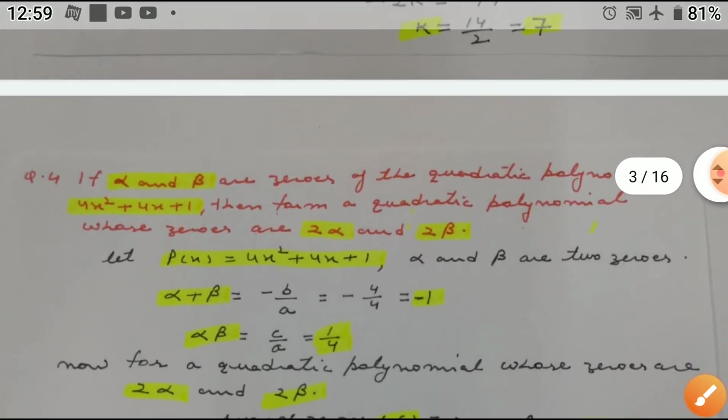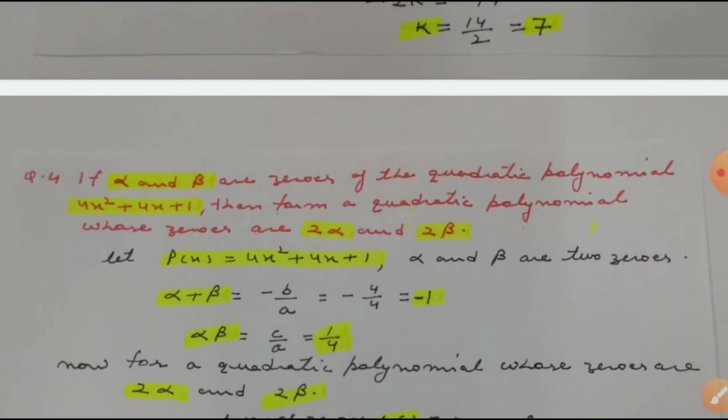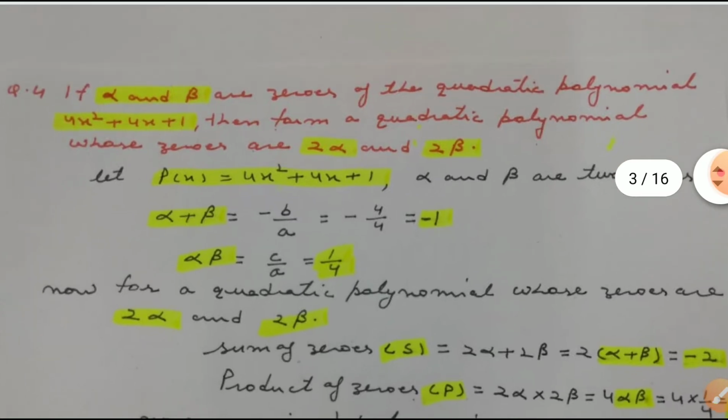If alpha and beta are zeros of the quadratic polynomial 4x square plus 4x plus 1, then form a quadratic polynomial whose zeros are 2 alpha and 2 beta.